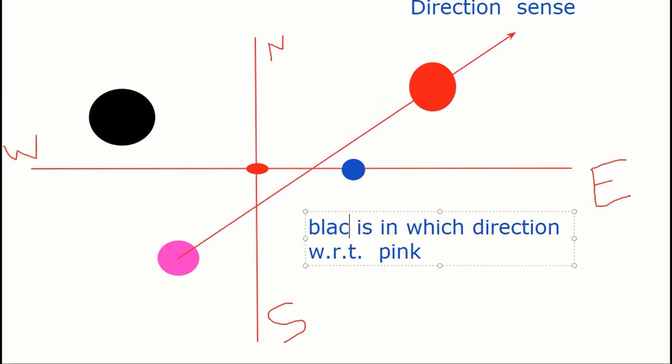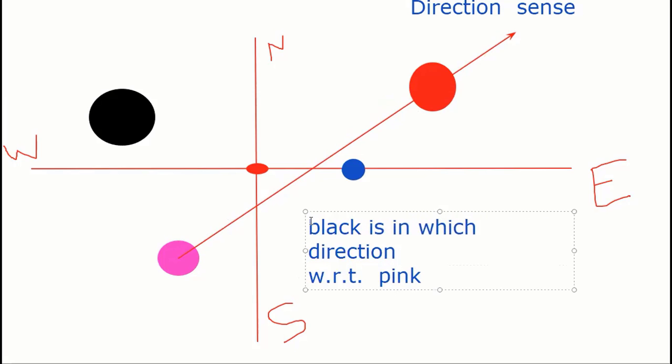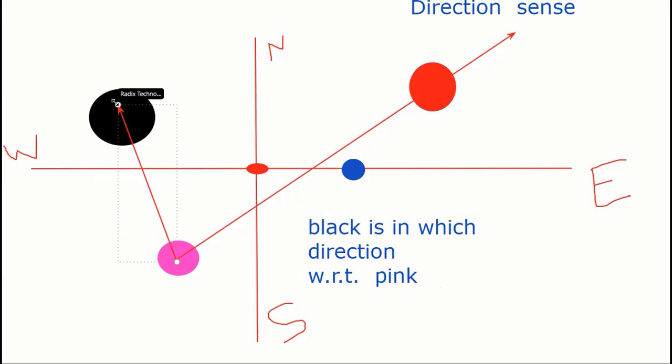Black is in which direction with respect to pink? Northwest. So the reference point is this. It is northwest. Correct.